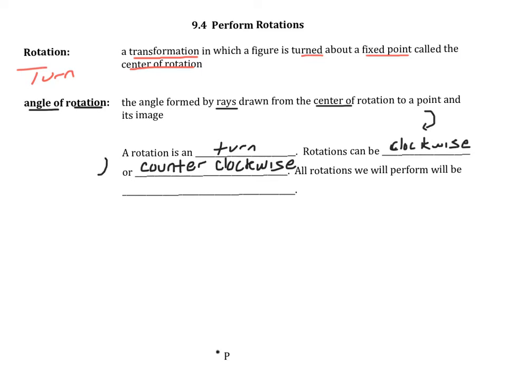Counterclockwise would be the opposite direction. All the rotations we're going to be performing in this section and future sections are going to be counterclockwise, unless otherwise stated. But the default is always going to be counterclockwise.